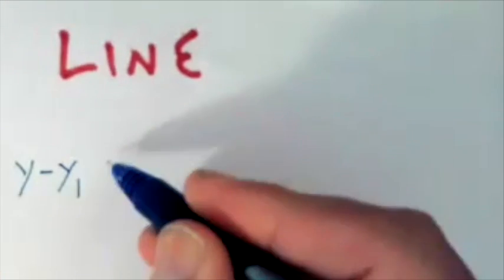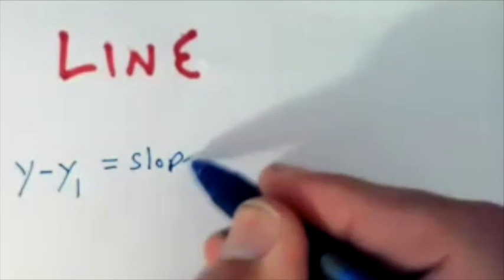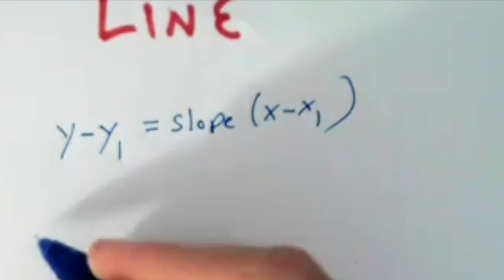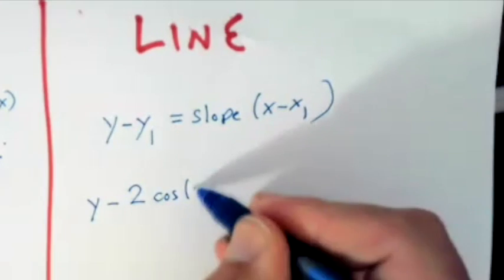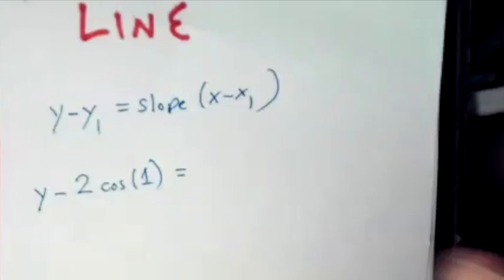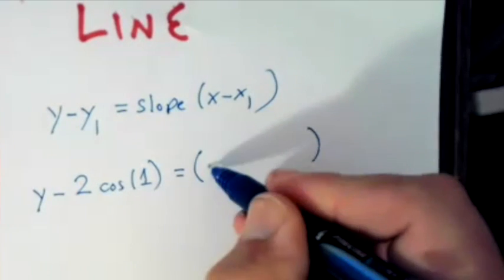And then plug in your x value. Now we're going to do what we did before. We're going to take these two pieces and plug them in. So I'm looking again at y minus y1 is equal to slope times x minus x1. So here I'll be looking at y minus 2 cosine of 1 is equal to, my slope really needs parentheses around it.